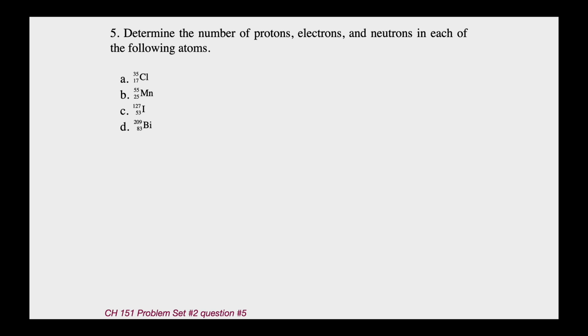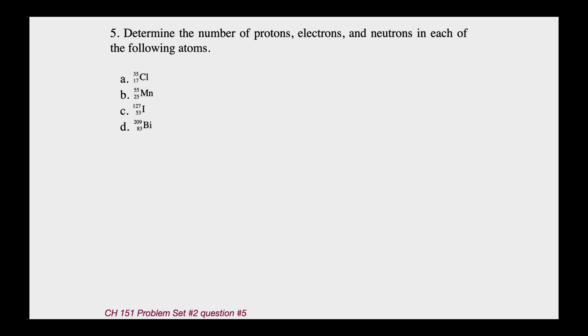Let's figure out the number of protons, electrons, and neutrons in each of these atoms. All right, so the lower left number is going to tell us how many protons there are because that's the atomic number. So in the first one, 17 is going to be the number of protons. And really, we could use the element symbol to look that up on the periodic table too. It's no problem. Now, electrons, we're going to assume that these are neutral atoms.